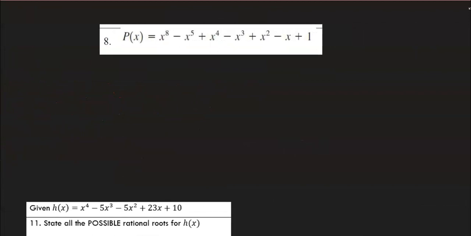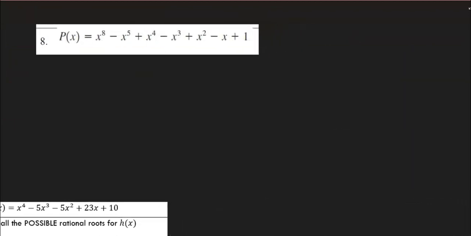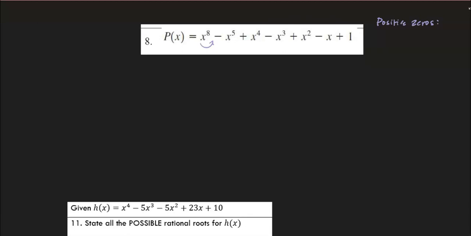Last one. Whoa. That's a long polynomial. Okay, so let's look for the possible positive zeros. We have one sign change here. Okay, so that's one sign change right there.